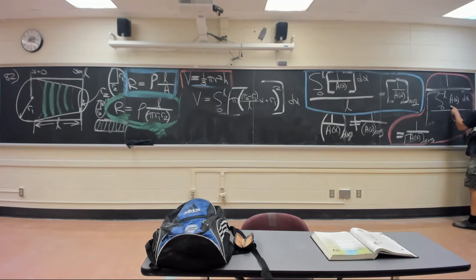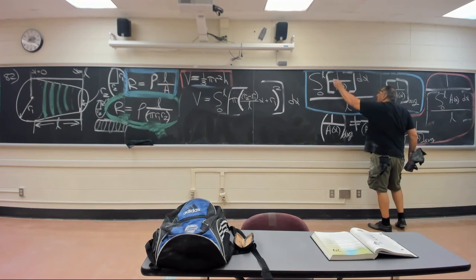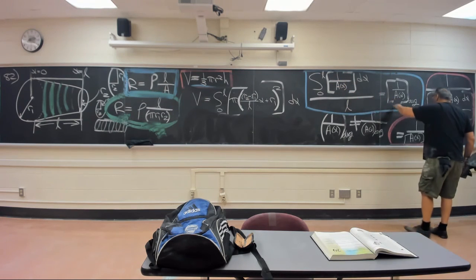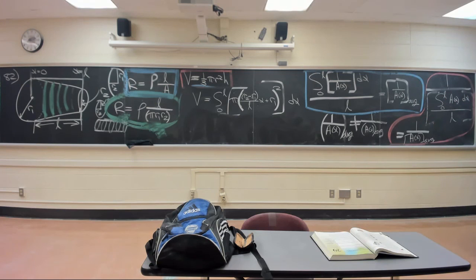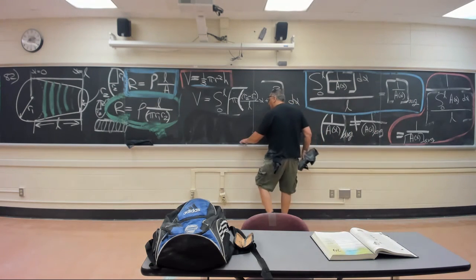Get the average of the function a of x and get its reciprocal. That's this. Get the average of this entire relatively complicated function, and that's that. And they're not equal. There's so much more to be said on that, guys, but for our purposes right now, it's pretty important to look at.